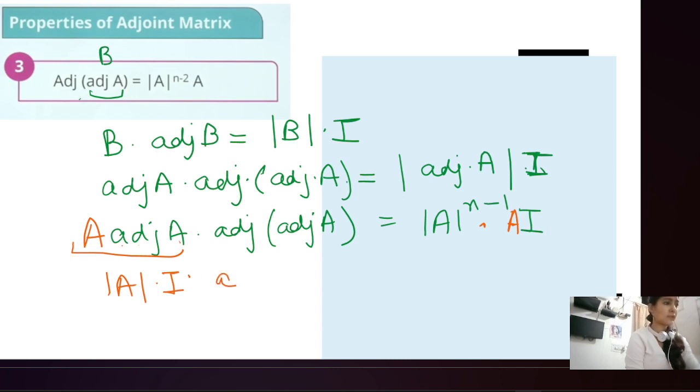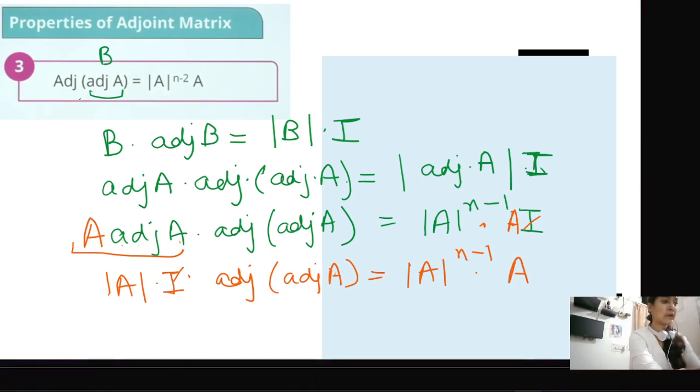So A times adjoint of A times adjoint of adjoint of A is equal to determinant of A power n minus 1 times A. And this I will cancel out, or we can say it will multiply with the adjoint and get the same. So no need to write I again here.